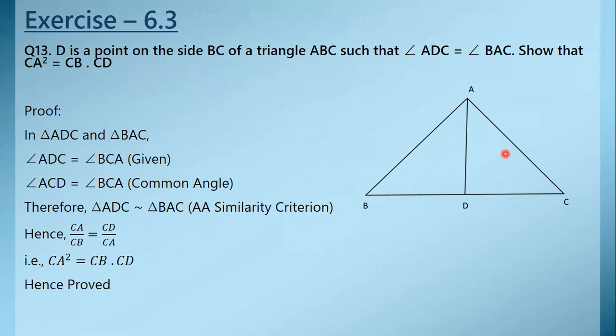So therefore, triangle ADC is similar to triangle BAC by AA similarity criterion. And from them, we can say that the sides will be proportional. So CA by CB will be equal to CD by CA. When we cross multiply them, we get CA square is equal to CB into CD, which we have to prove.